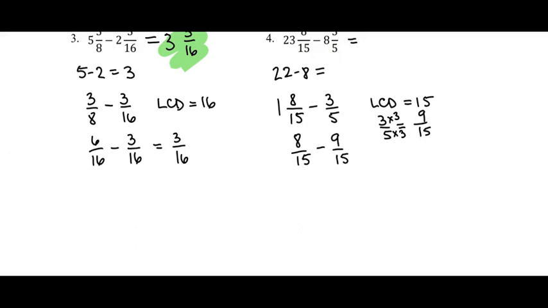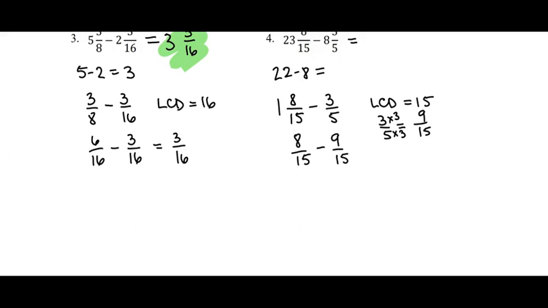1 and 8/15 minus 3 over 5. Okay. We're still not changing the second fraction, but we got the first fraction because we don't have enough, and we can't have a negative fraction. Okay. So 1 and 8/15.